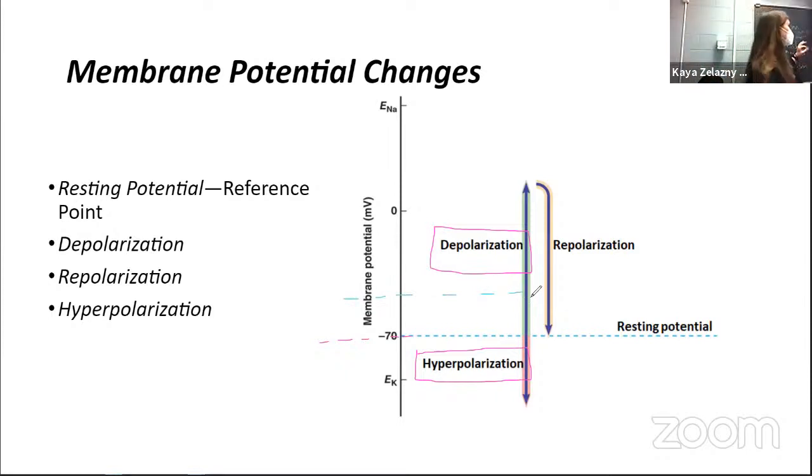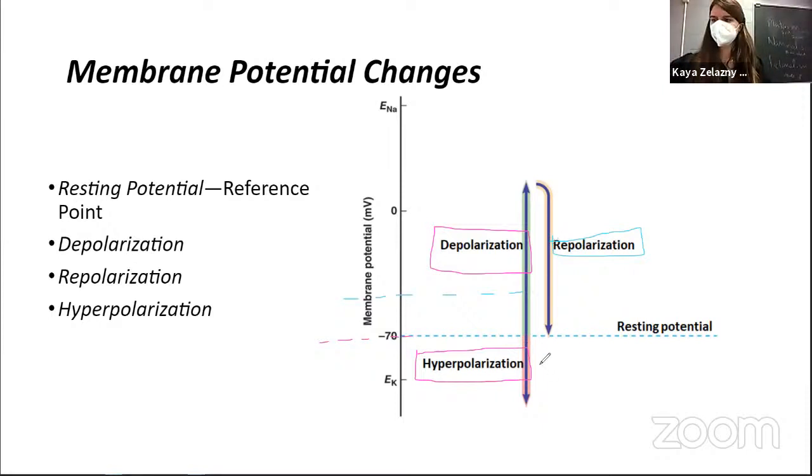The one other word we want to tack on to our knowledge here is repolarization. So this is kind of like the hyperpolarization. We're going down. The only difference is that we're being a little more specific. Repolarization is going back down towards the resting membrane potential after we have had a depolarization.